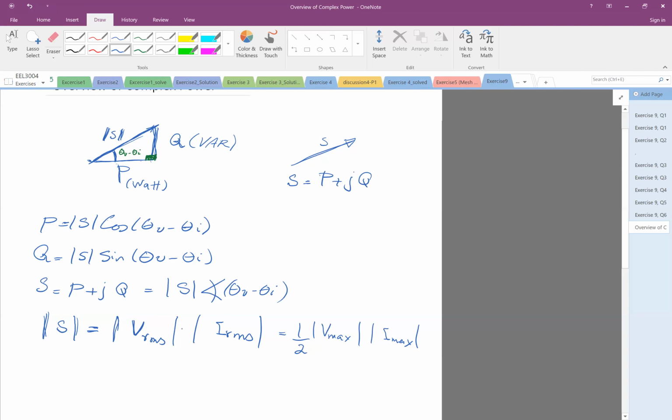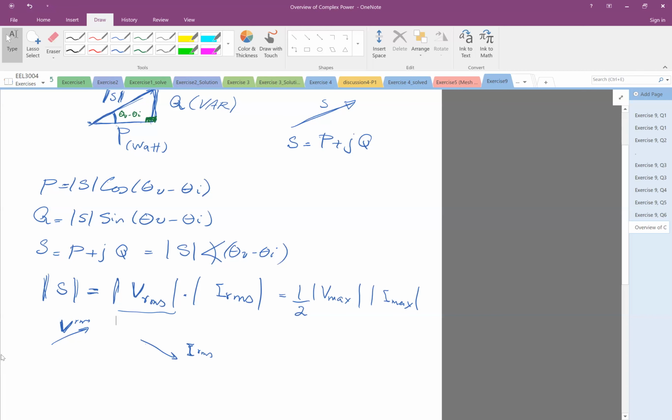But if you had RMS, it's just V times I. And again, remember these are magnitudes, because in general V could be a phasor, and I is also another phasor. But here we look at the magnitude. Magnitude of S equals magnitude of VRMS times magnitude of IRMS. So these formulas are very helpful.